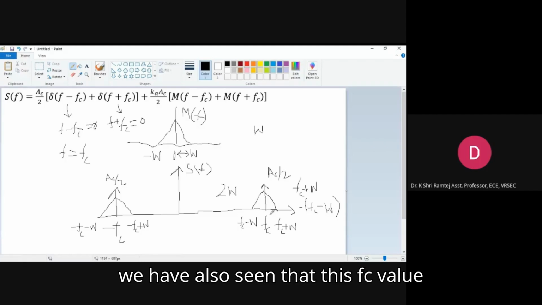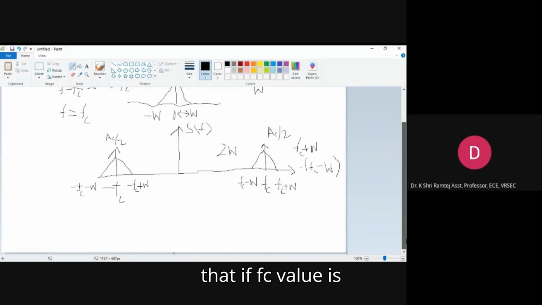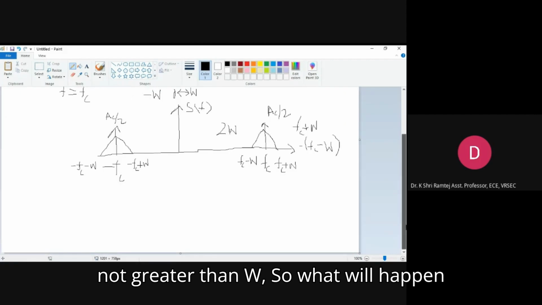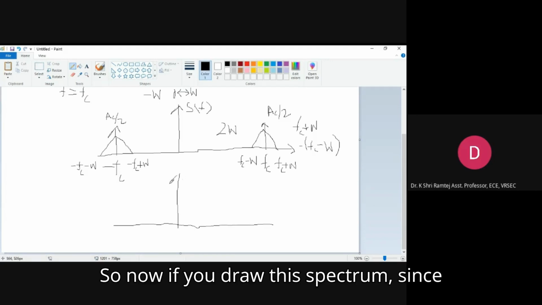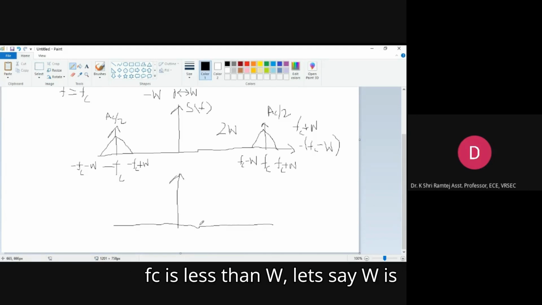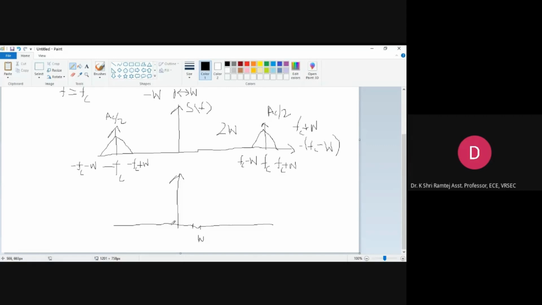And then we have also seen that this fc value should be greater than W. Let's say fc is not greater than W. Now if we draw the spectrum, since fc is less than W, let's say W is over here, and fc is somewhere over here, the spectrum will look like this.